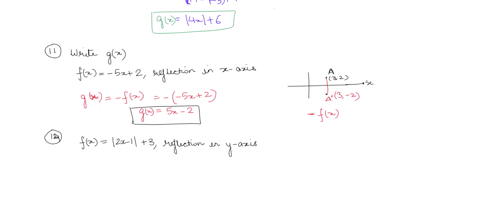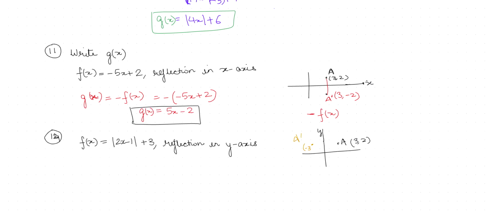So question 14 is given and we have to reflect it in the y-axis. So for example, this is a point A, and it is given 3, 2, and we have to reflect it in the y-axis. So it would be the same distance from the y-axis, and this would be A dash, and it would be -3.